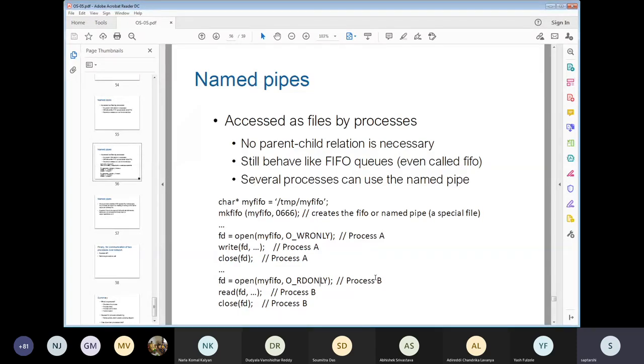If a parent and the child want to communicate, they might want to use a secure medium which no other process can access. So remember, this named pipe, any other process can also start using this pipe, possibly. But an ordinary pipe is within a parent and the child, so it's less likely to be snooped in by other processes and so on.